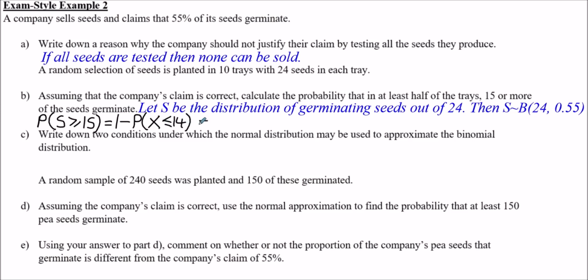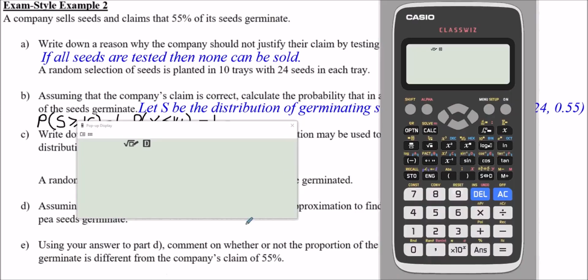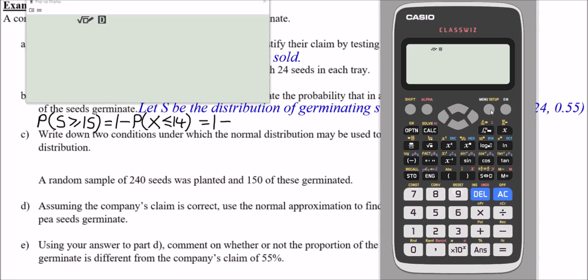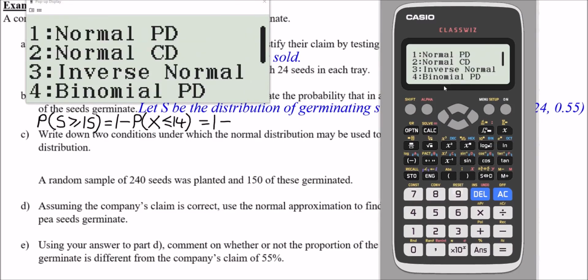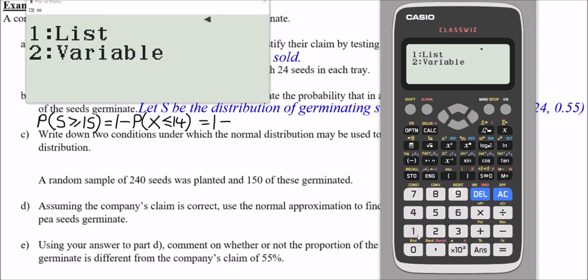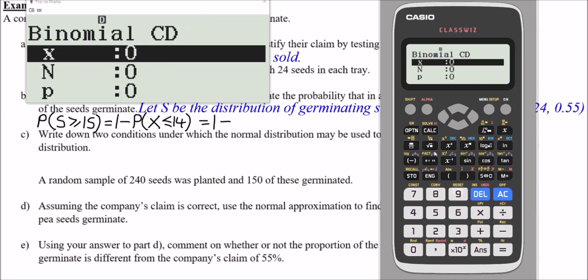So we can work this out now using the calculator on the ClassWiz. If we type in menu option 7 for distribution, we want the binomial CD, which is scrolling down and pressing option 1, press 2 for variable. Now here we're wanting 14 or fewer.